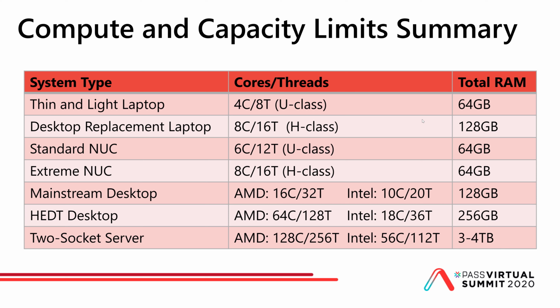And then Intel stops at 18 cores and 36 threads. Both of those can go to 256 gigs. And then finally, a new current generation 2-socket server. AMD can do 128 cores, 256 threads. Intel can only do 56 cores and 112 threads. And then you have anywhere from 3 to 4 terabytes of RAM, depending on what kind of memory you're using and what vendor it is.